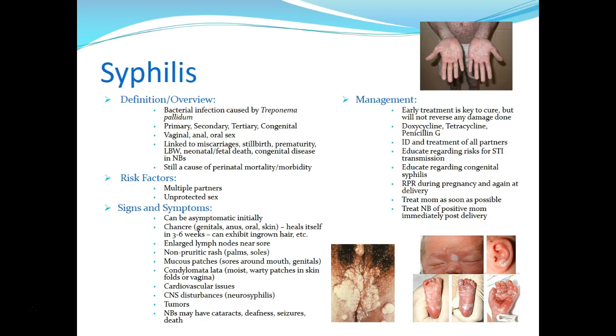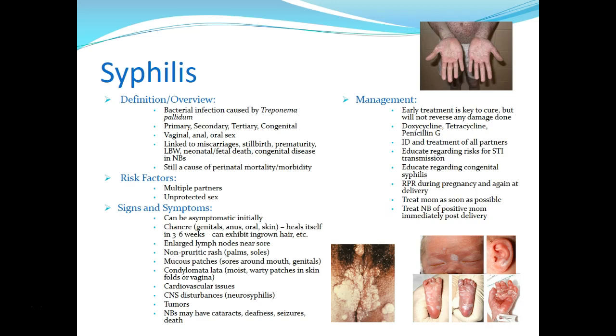They can have CNS disturbances or neurosyphilis towards the end. They can have tumors. And if a newborn contracts syphilis or has congenital syphilis, they can be born with cataracts, they can be born deaf or have seizures or just be born dead.